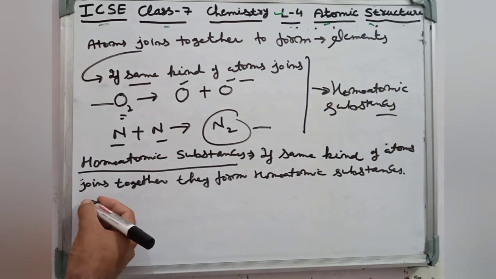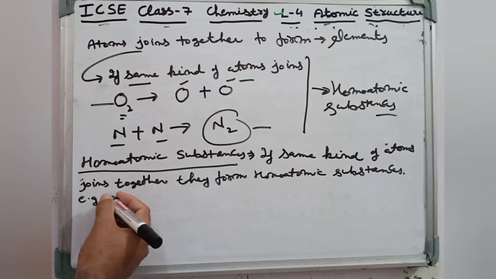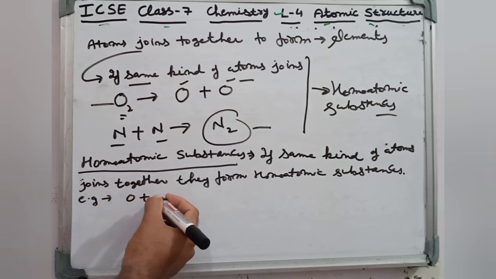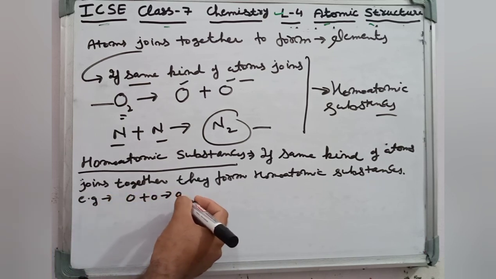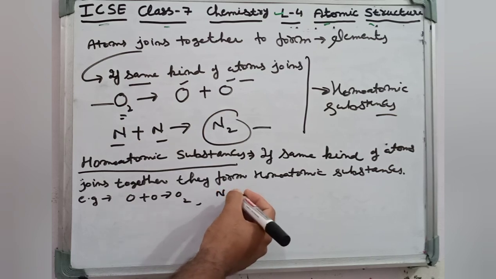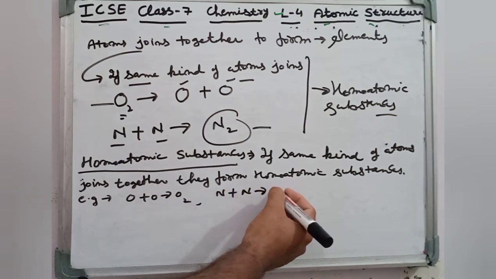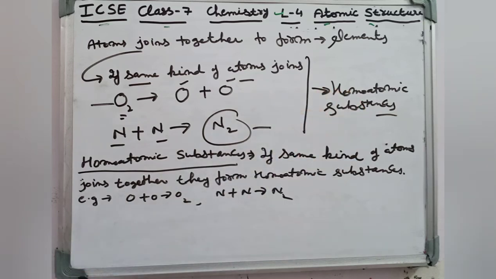What is an example? We will give here the example: O plus O equal to O2, N plus N equal to N2. This way. Now when same kind of atoms join, they form homoatomic substances.